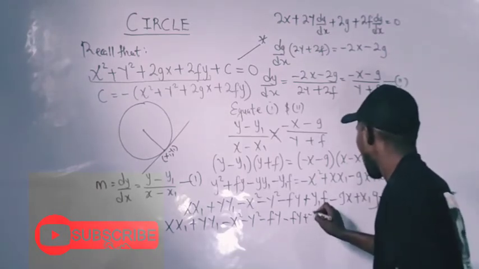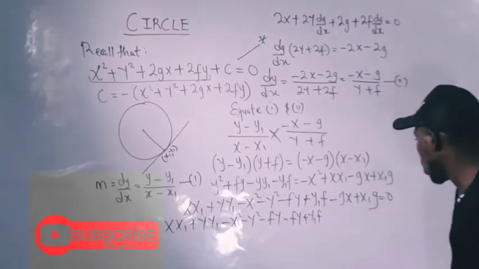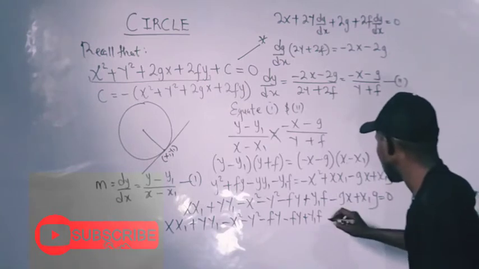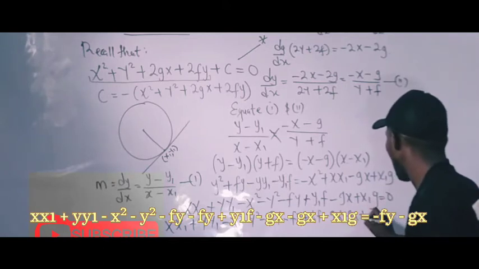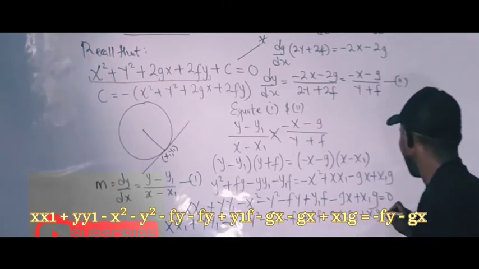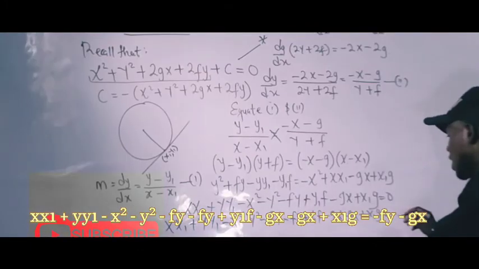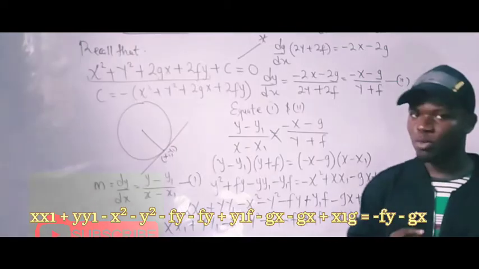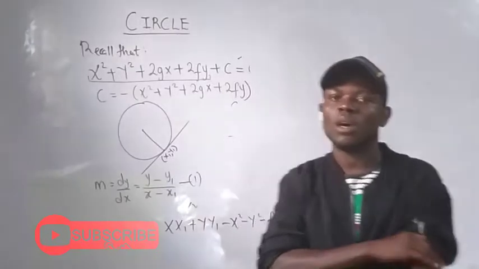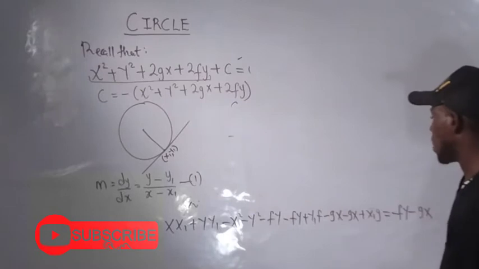Then plus y1f, followed by minus gx plus x1g equal to what? Then equal to, what did I add and subtract? I added minus fy, then I subtracted again minus gx. I hope you are still following. Okay, now as we continue with our simple manipulation, we want to simply simplify what we have down here.